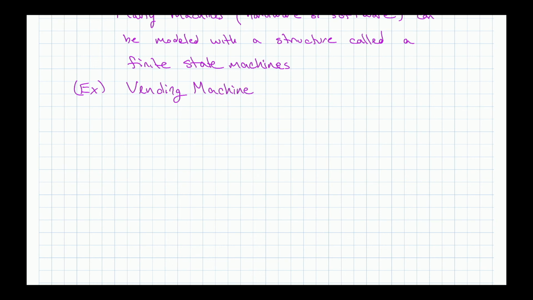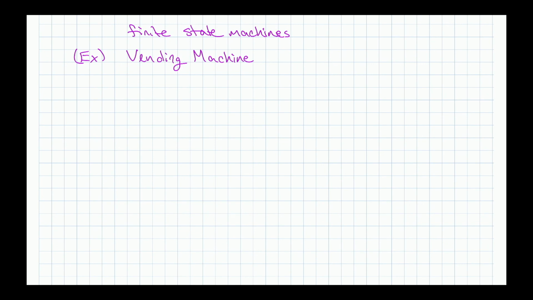All right. So they describe how a vending machine is going to work. They say we have a vending machine. It can take money. You know how a vending machine works: we put in money, we get things out. So this is how this particular vending machine works.